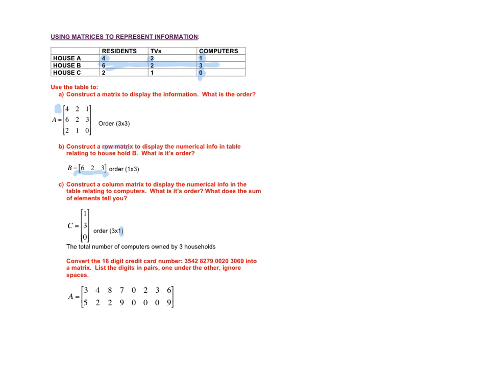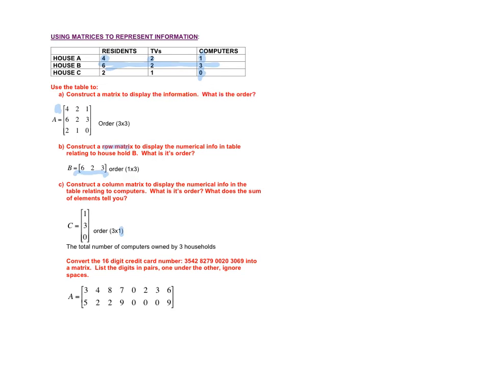Now, sometimes they ask, this is how a credit card reads. So matrices are used a lot in computer programming, and mainly because they enter in like this. It does numbers and combinations. So convert this 16-digit credit card into a matrix.